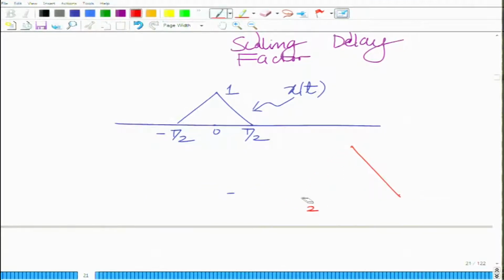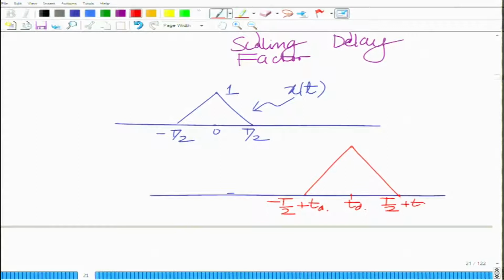So it delays this by t_d, which means this is shifted. It will go from minus T/2 plus t_d to T/2 plus t_d, and the height is k.